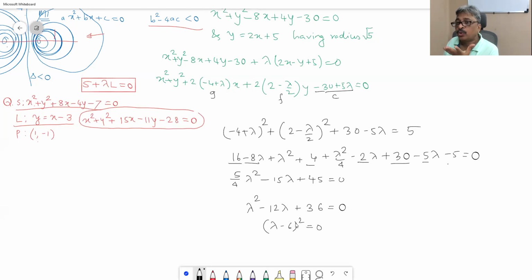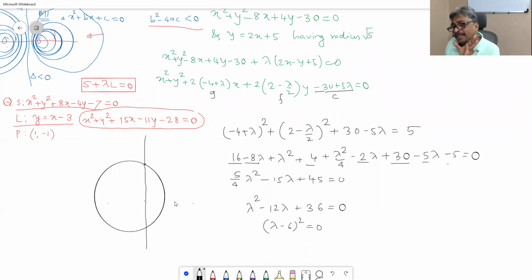That is the unfortunate part. You were expecting 2 values of lambda, but you ended up getting only 1. That is lambda is equal to 6. If we put it back, we get the original equation which we had already found out. What is this geometry? You have a circle, you have a straight line, and for every radius there will be 2 circles, one this side and one this side.